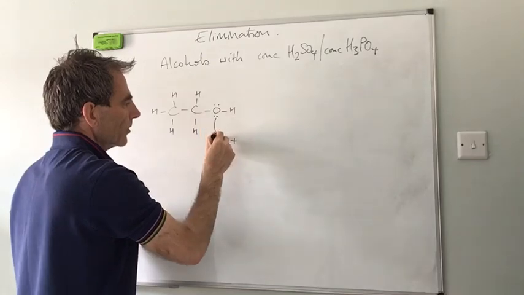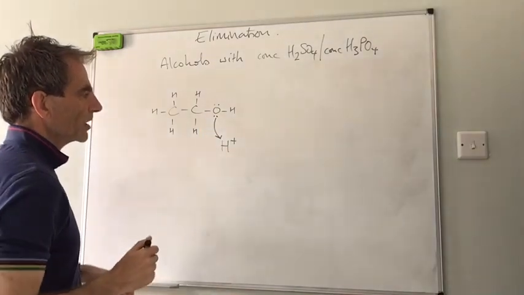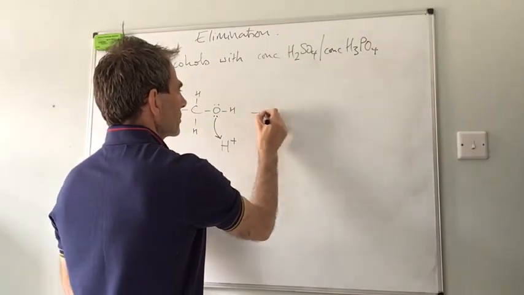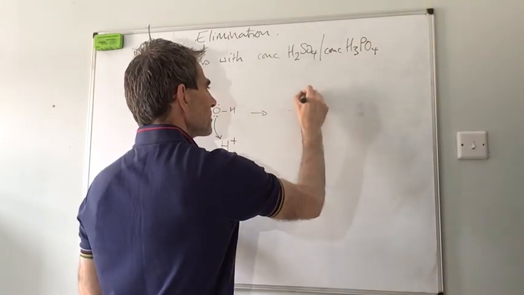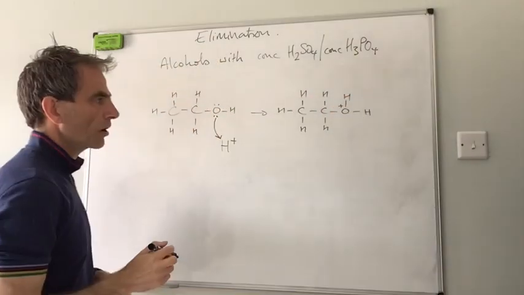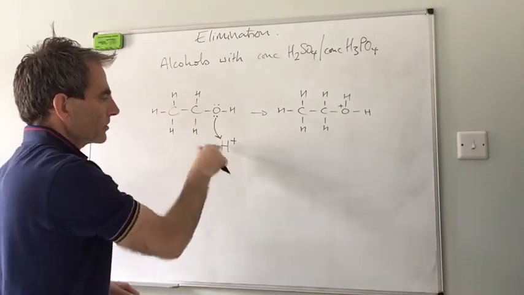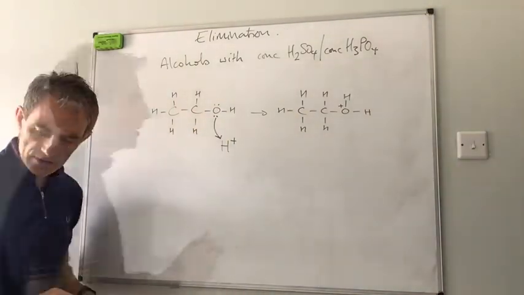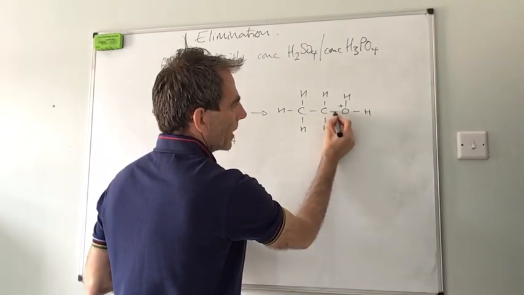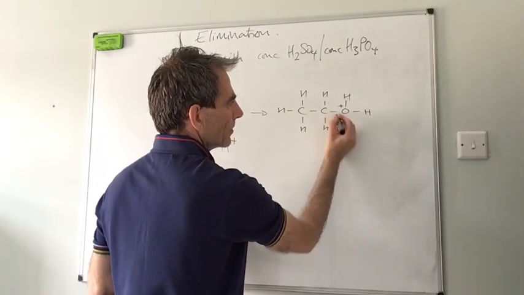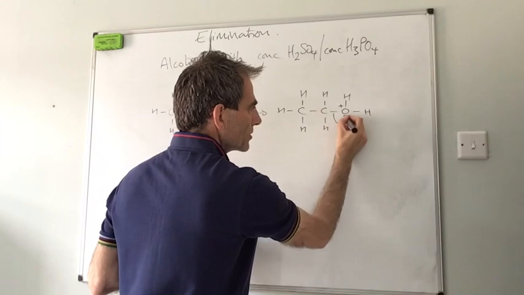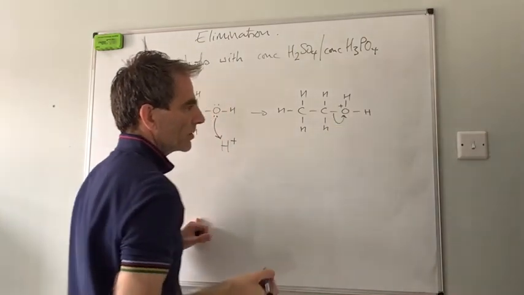One of them is going to form a covalent bond with the H plus ion, and that's going to generate this intermediate, and that oxygen has a positive charge because it's effectively donated an electron pair to the H plus. The next thing to happen is this pair of electrons in the carbon-oxygen bond goes onto the oxygen to stabilise that positive charge.